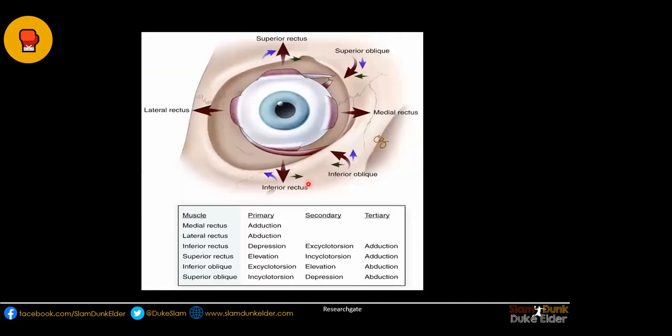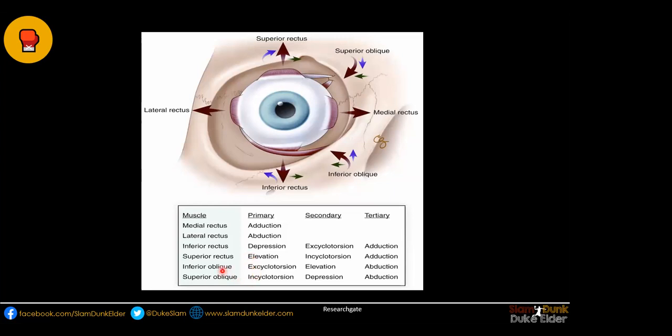So I've included this table because I just found it quite useful. You can see here, superior oblique causes incyclotorsion or just intorsion, so that's turning the eye in and down. It has a secondary action of depression and also a very small part in abduction. But you can see that it basically does the opposite to inferior oblique.